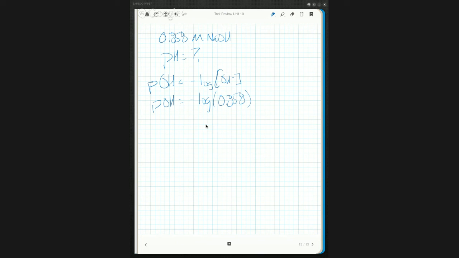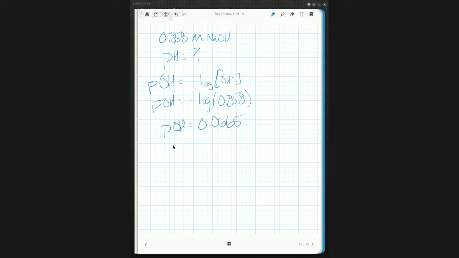And interestingly enough, pOH is equal to 0.0665. I don't really care about sig figs with log because they have their own rules.